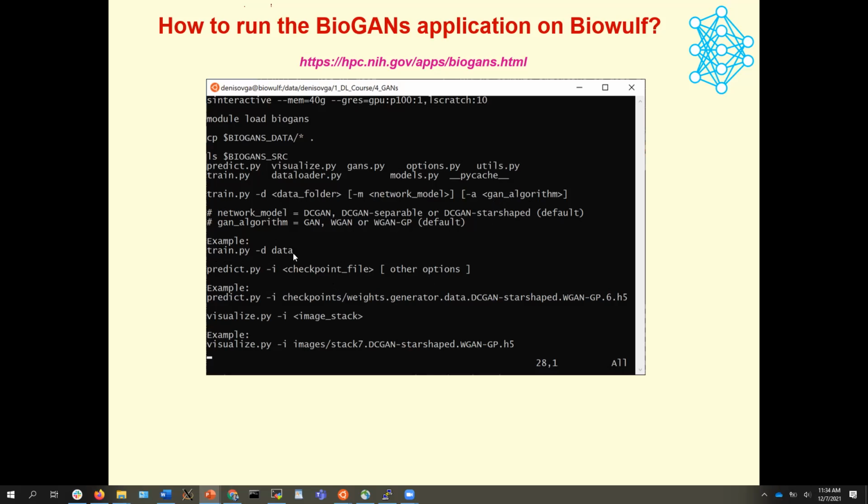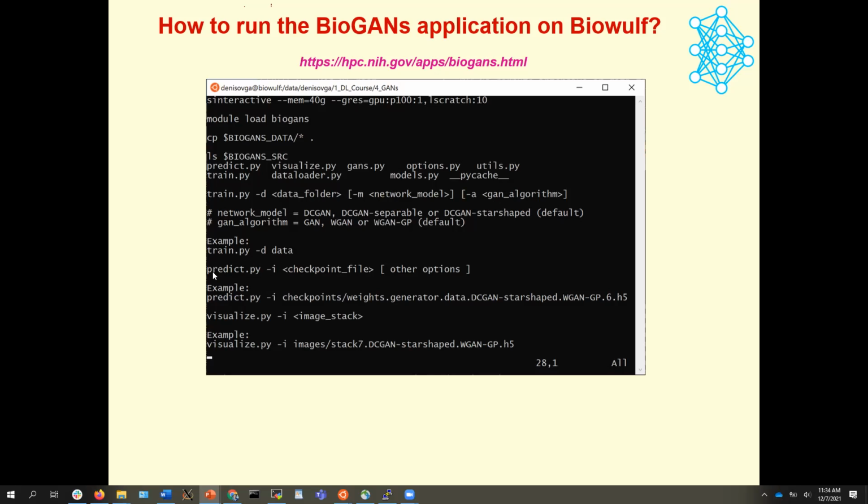So this is the simplest way of running the training executable. Once you run it, you will generate a checkpoint file, which is a file of trained weights. It will be stored in the checkpoints folder.